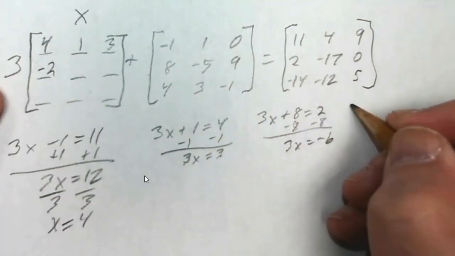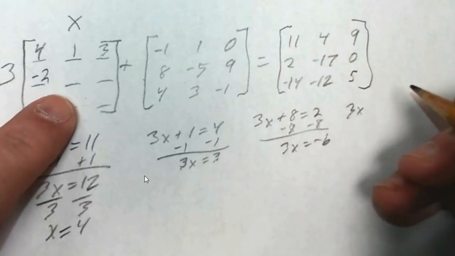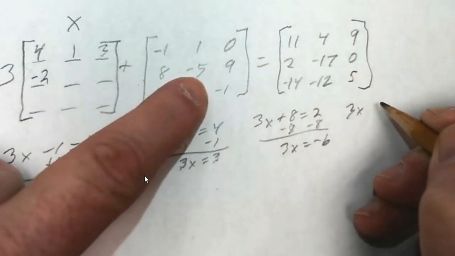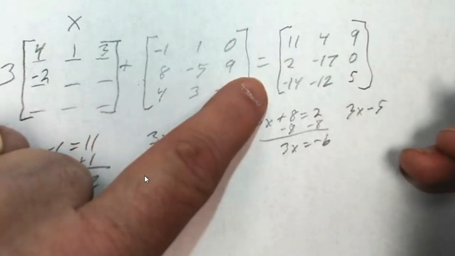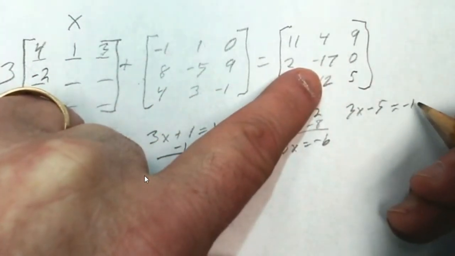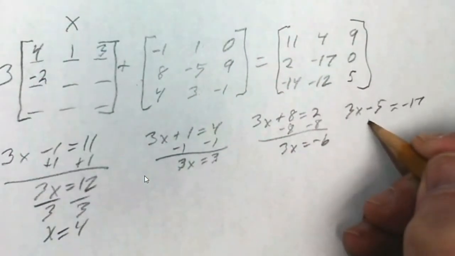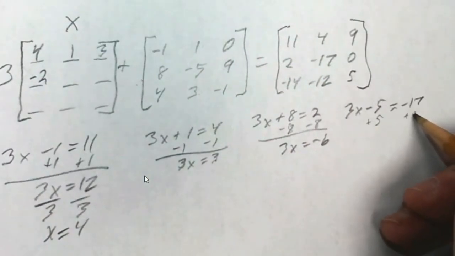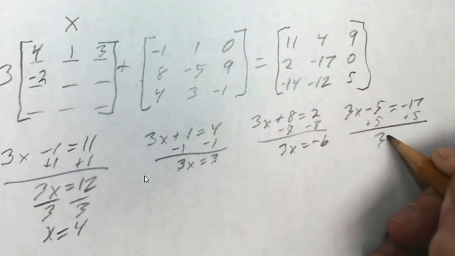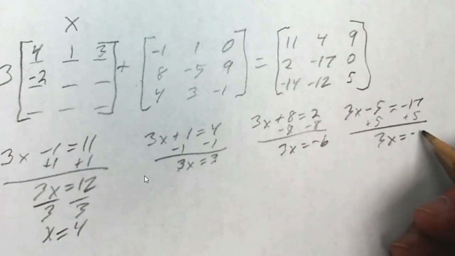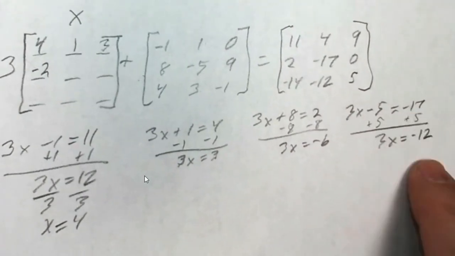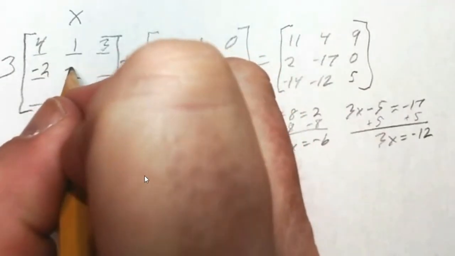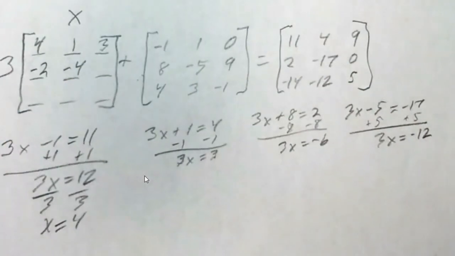Okay, 3 times something plus negative 5. So really it's like subtracting 5 equals negative 17. So add 5. 3x equals negative 12 when you add 5 to negative 17. So this must be negative 4.